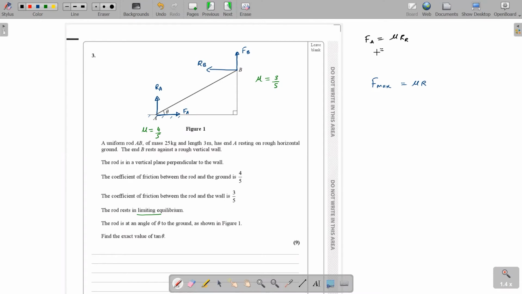The mu value at the ground is 4 over 5, so friction A can be written as 4 over 5 times normal reaction A. Friction at B is mu times normal reaction at B. Mu at the wall is 3 over 5, so 3 over 5 times normal reaction B. Are you with me?